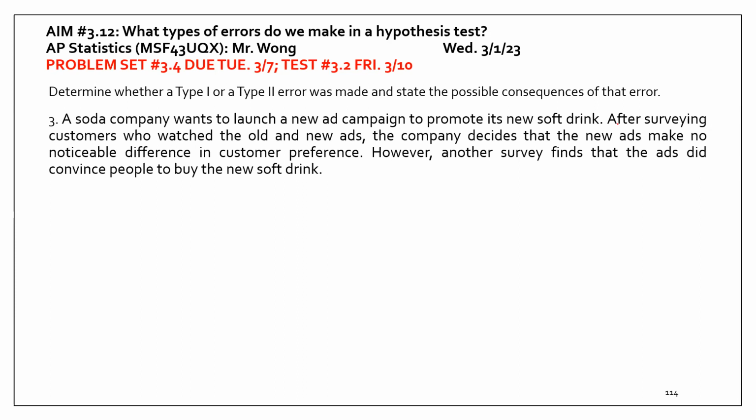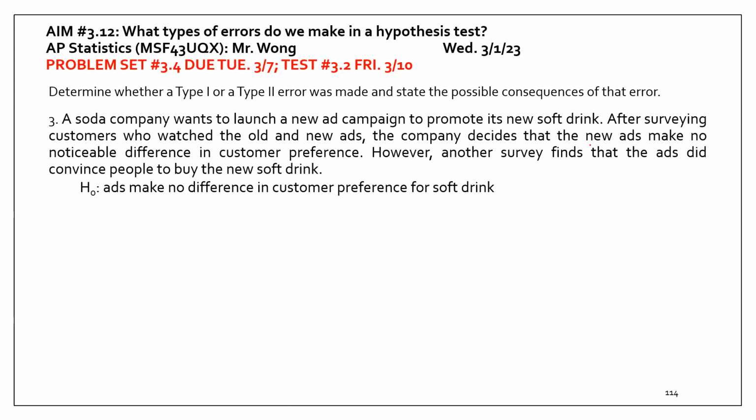Okay. Again, first step is to determine the null and alternative hypotheses in context. So let's see. Wants to launch a new ad campaign, surveying customers. The company decides the new ad campaign. So the null hypothesis would be that the ads make no difference, because we're focusing on the effect of the ads.